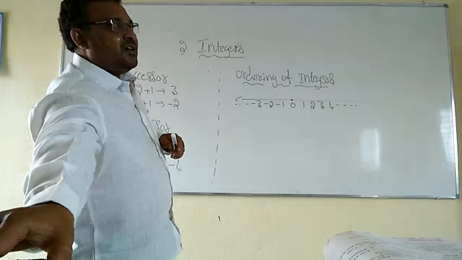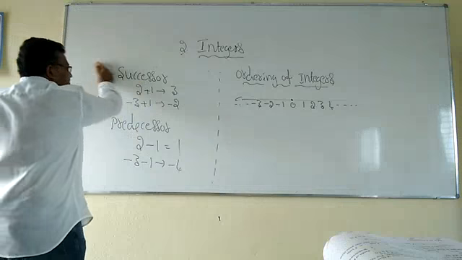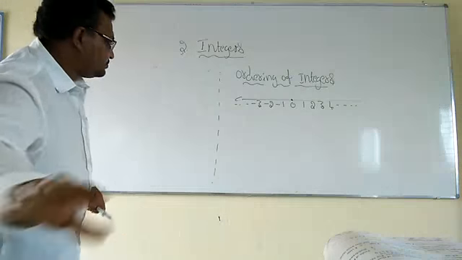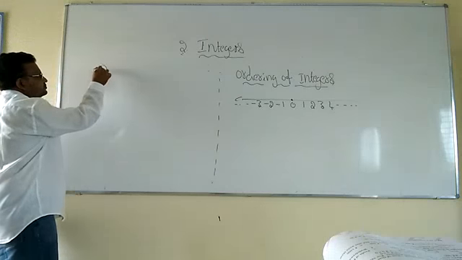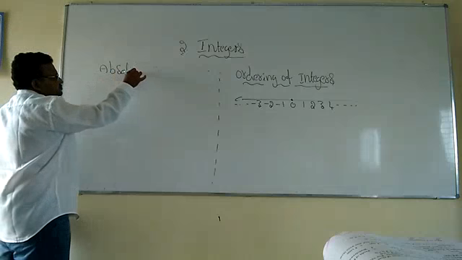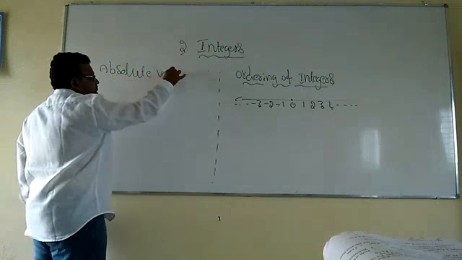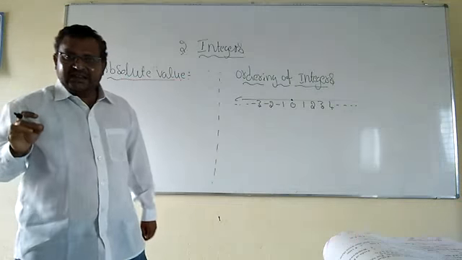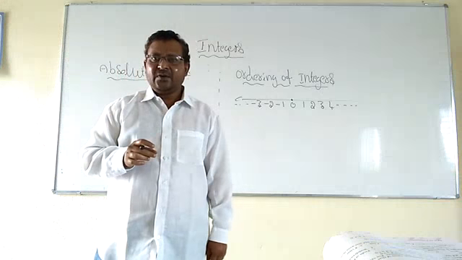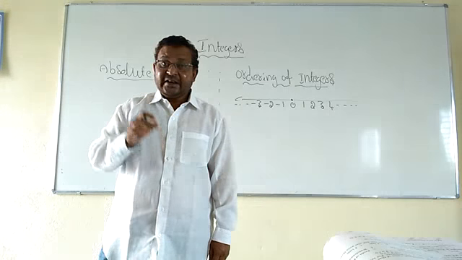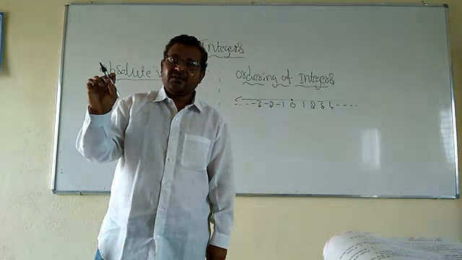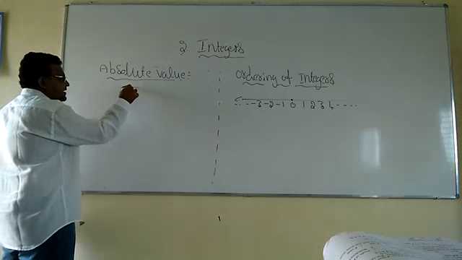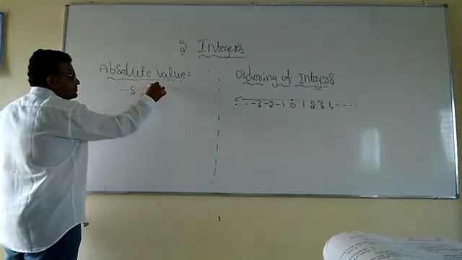And next, absolute value of a given integer. What is absolute value? The absolute value of an integer is the numerical value of that integer, irrespective of its sign. That means -5 is there, 5 is there.